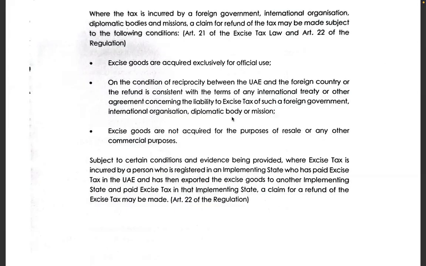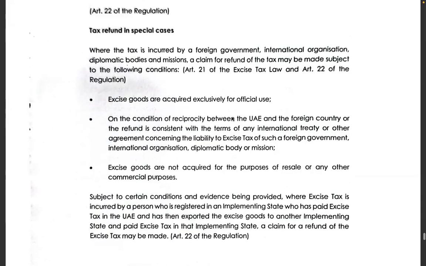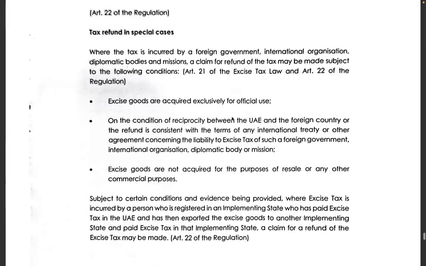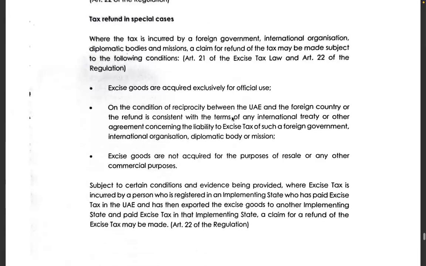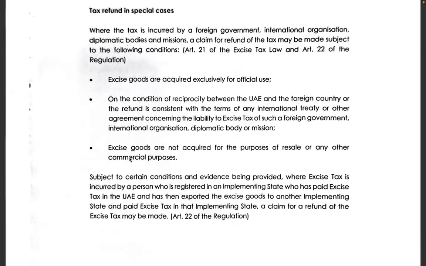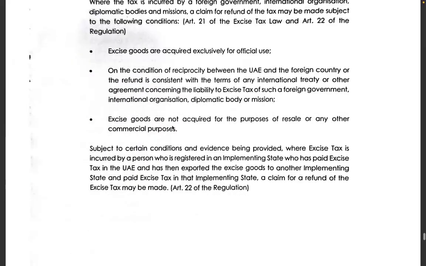So the UAE will definitely seek a condition of reciprocity, the same kind of treatment should be afforded by the other country as well, whose diplomatic mission or foreign government the UAE is supporting by offering them a refund. Same thing should be there in that country as well for the UAE. Excise goods are not acquired for the purposes of resale or any other commercial purpose. It should be purely for official purposes.